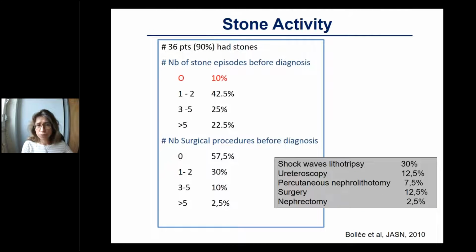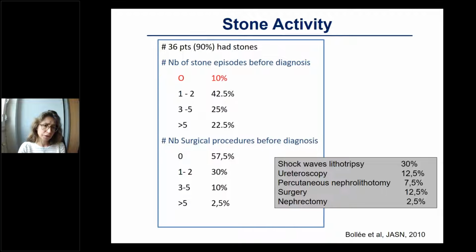What about the stone activity of this disease? 90% of patients have stones, but 10% have no stone episode before diagnosis. So in these patients, it's not a stone disease, it's more a crystalline nephropathy. Most of the patients have one or two episodes of stones, so it's not a very active stone disease.